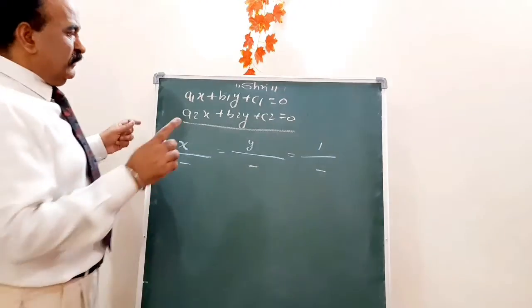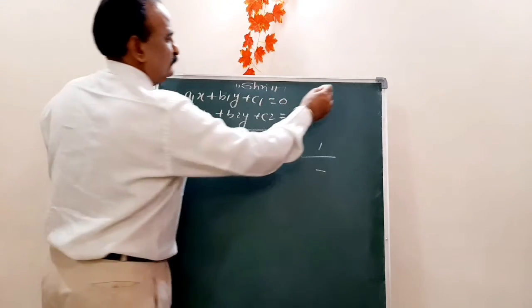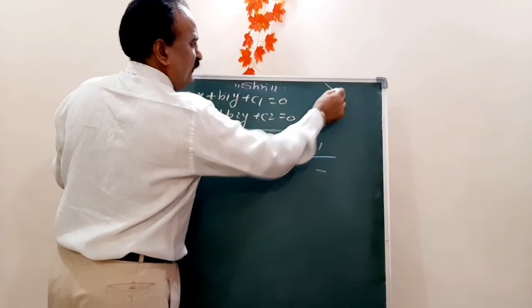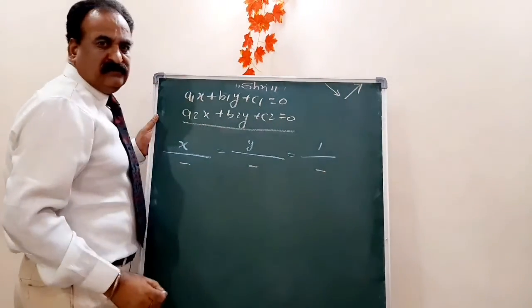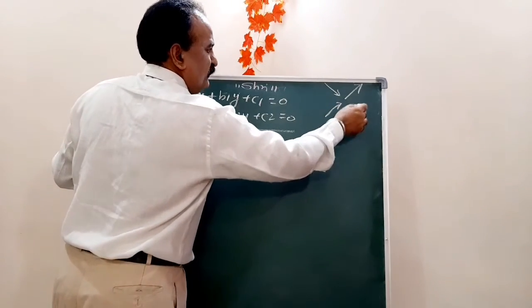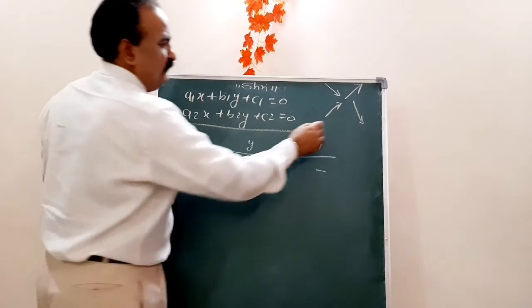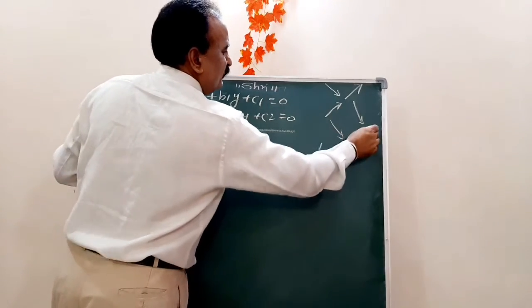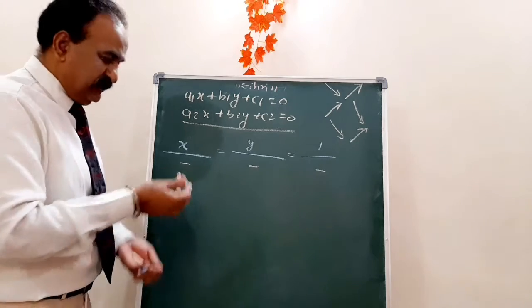Now how to solve? First you multiply this and then multiply this. First and third are the same. Then first multiply this, second multiply this. And first and third will be the same. And now see how the question becomes easy.